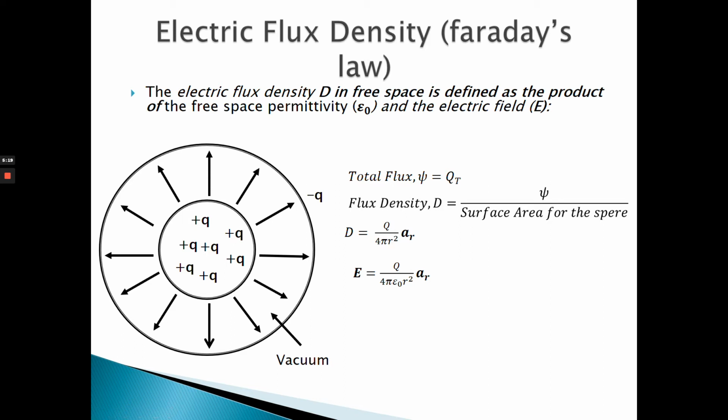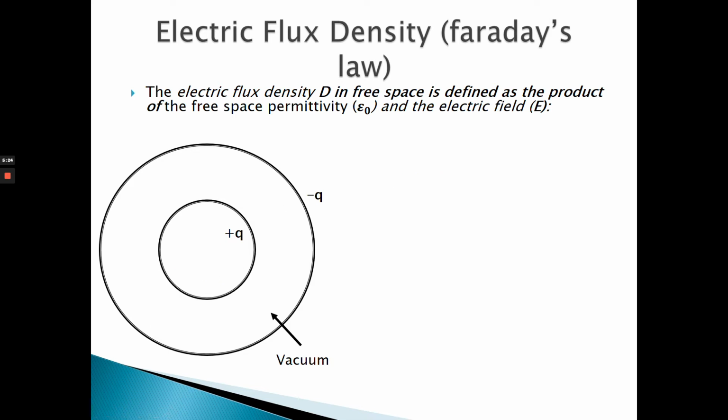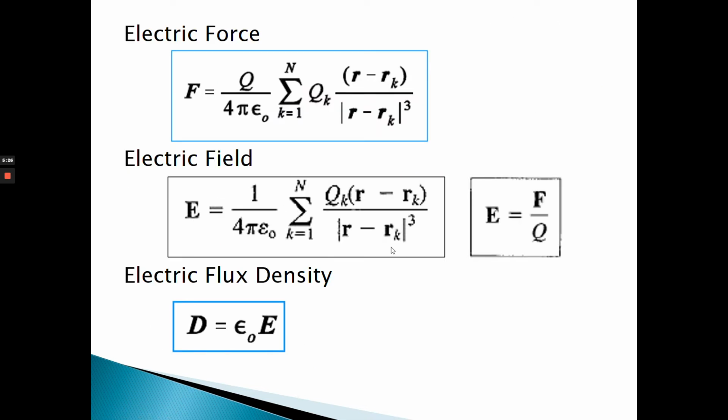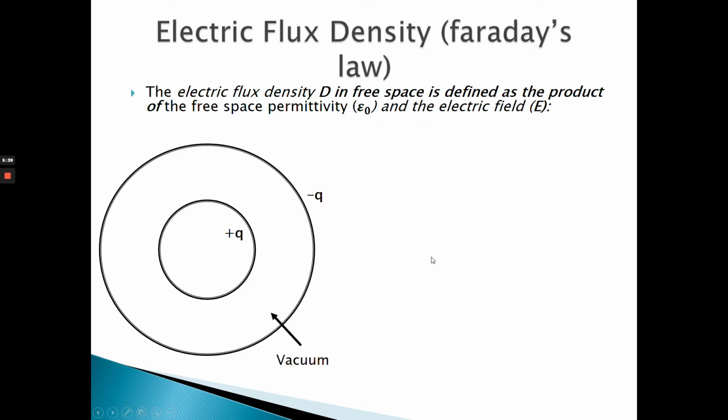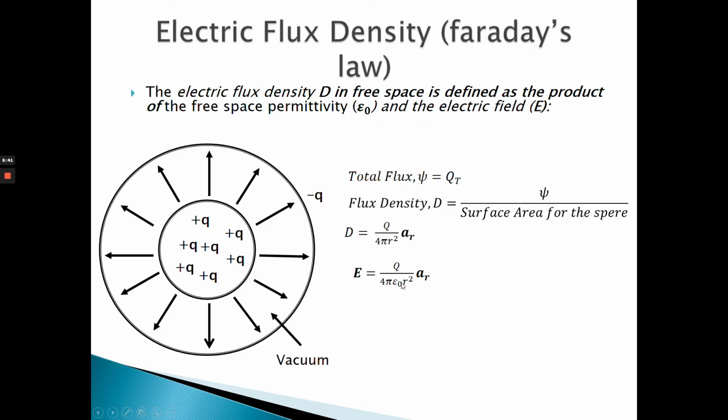We also know from the earlier equation that E is equal to Q over 4 pi epsilon naught r squared, times a_r. When we compare these two equations, this is the flux density and this is the electric field strength.